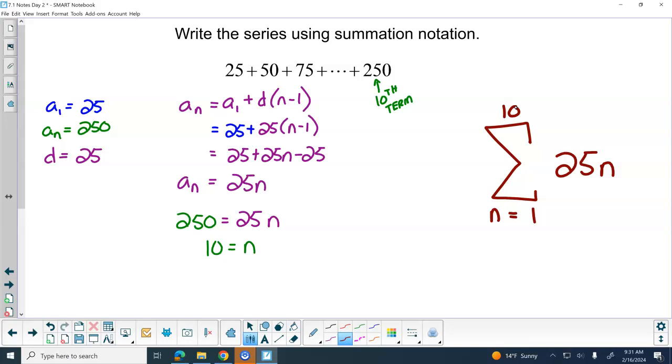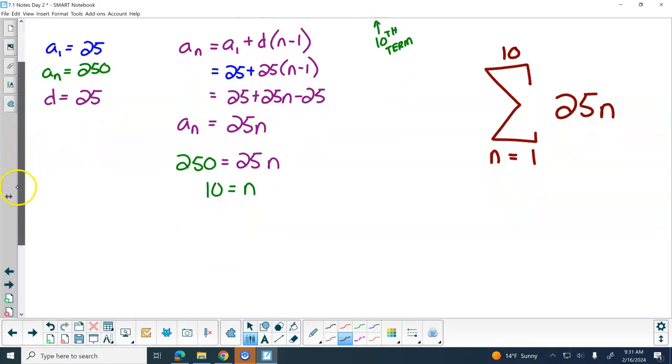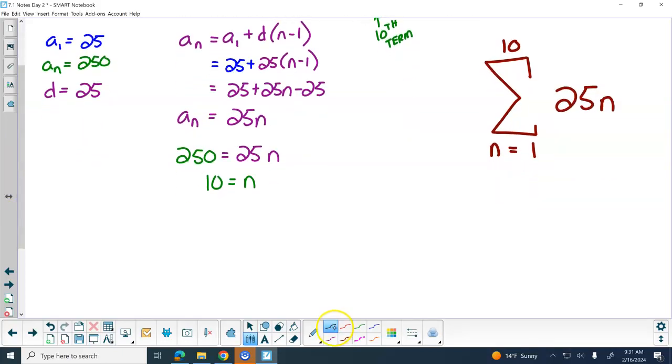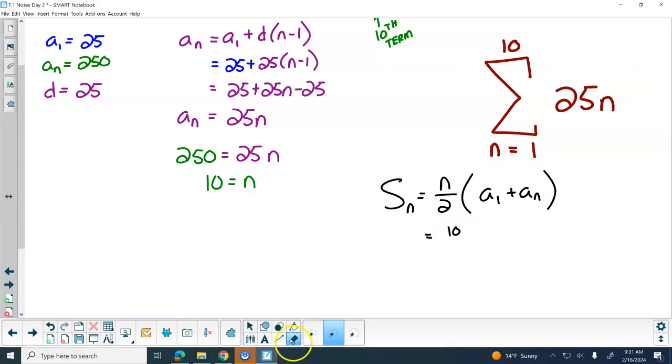Let's take it one step further. Now that we have it written in sigma notation, let's find the sum right away. How many terms do we have? 10 of them. What was my first term?